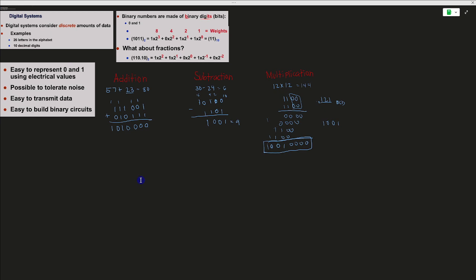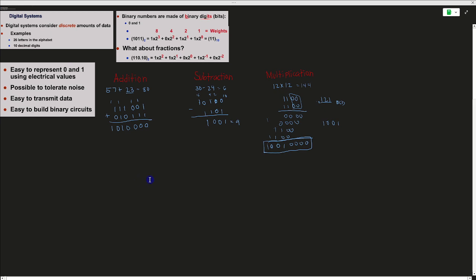For example, if you are binary, you are considering only the possibility na may off or on. It is also possible to tolerate noise kapag kinonvert mo siya into, for example, itong binary system because you are simply evaluating it as either off and then on.